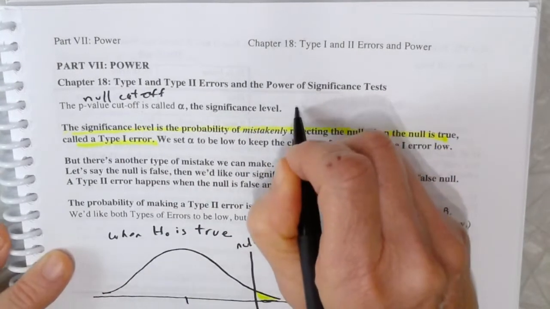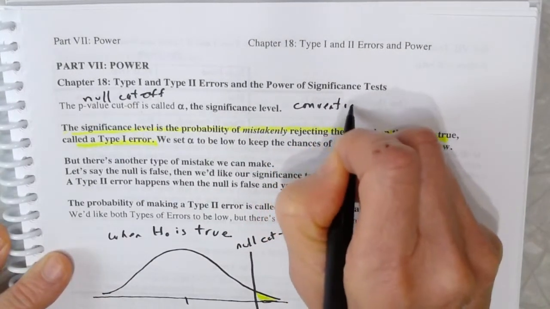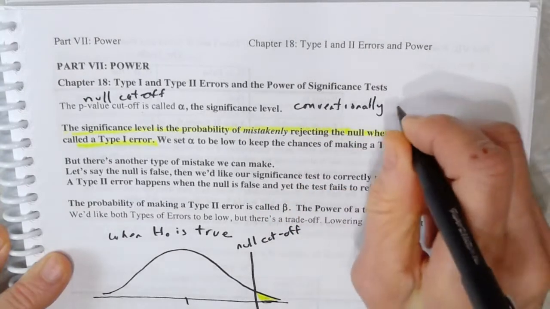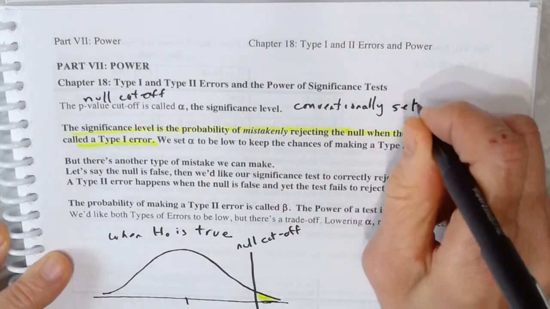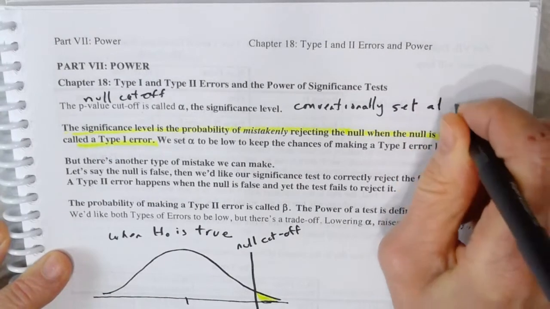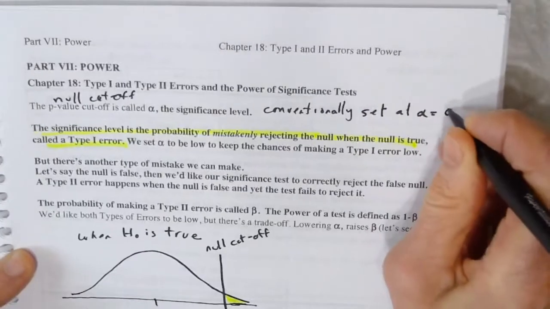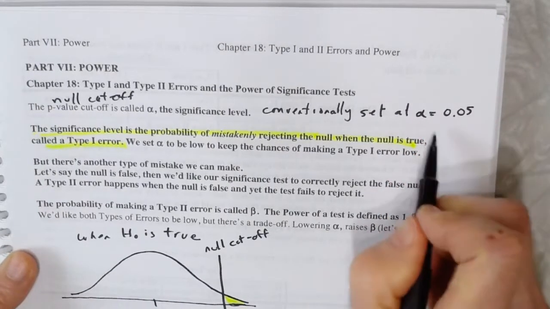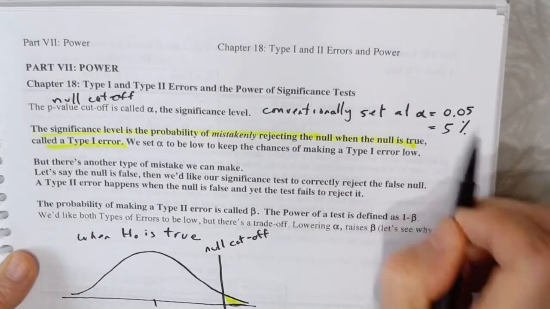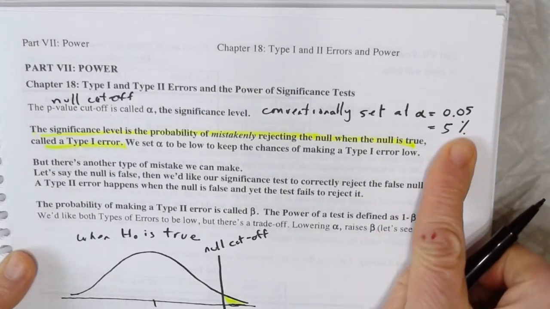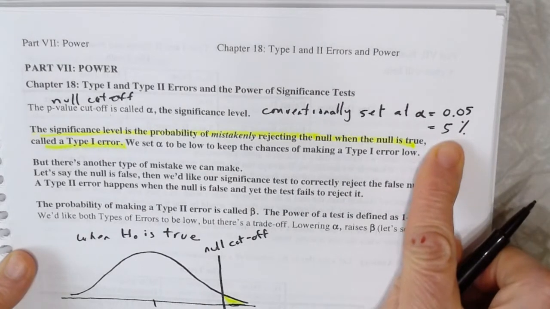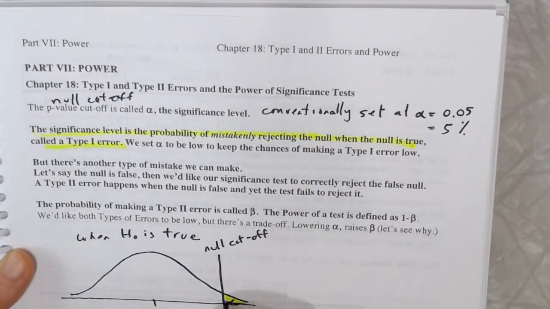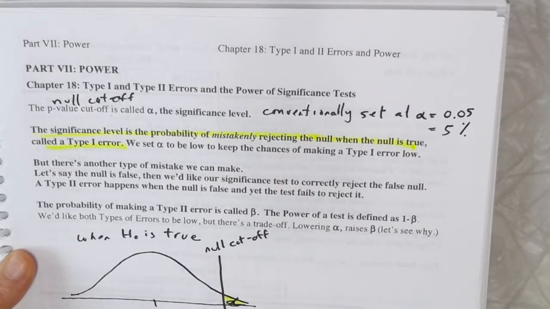And it's conventionally set at alpha equals 0.05. For some reason, they usually use a decimal here, but it's obviously the same thing as 5%. Okay? So that's what we're comparing our actual p-value to, the cutoff, right? And that's a type 1 error. Alpha, that would be alpha right there, the type 1 error. I'm putting a little alpha in there.